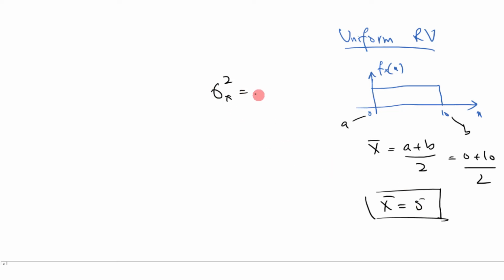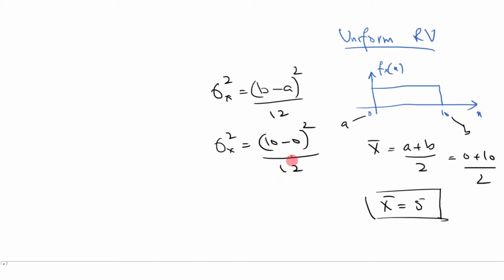Similarly, you have determined that the variance of a uniform random variable equals (b minus a) whole square divided by 12. So putting these values of a and b, what you will have is 10 minus 0 whole square divided by 12, which is equal to 25 by 3, which equals 8.333.